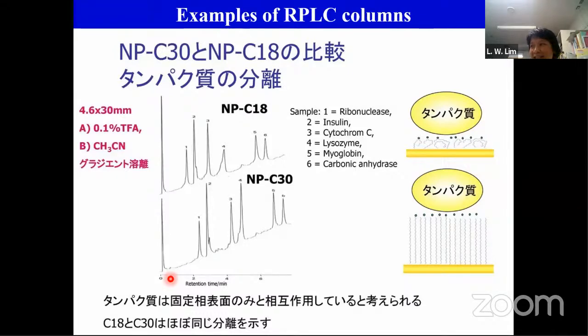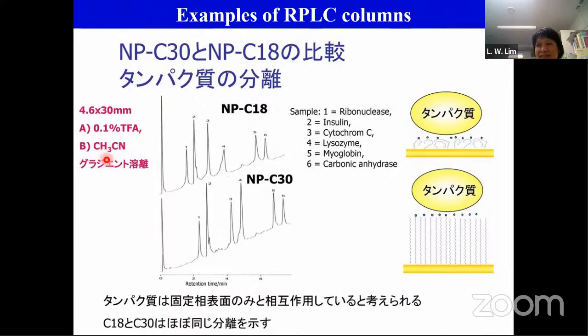Another thing, which I did not write here: this is also done with gradient elution. Gradient elution means we use two different solvents as a mobile phase. In this case, acetonitrile is B, and A is 0.1, one of the acidic buffers.